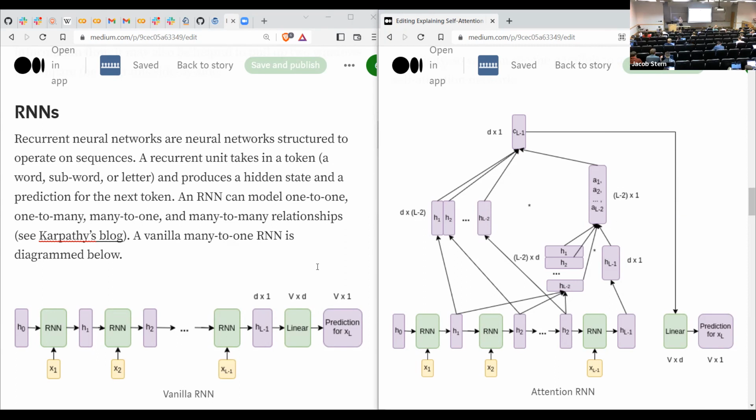All right. What do you see as far as similarities and differences? Right. There's no direct connection between previous layers H1 and the current layer HL-1. Good.